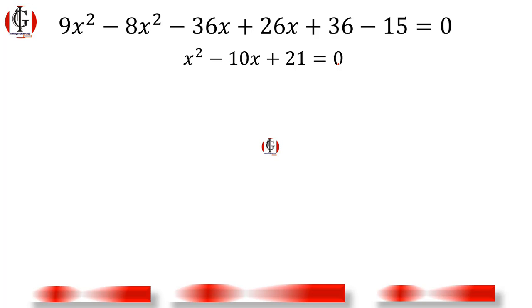Now, solving using the factorization method, we have a quadratic equation which is x squared minus 10x plus 21. So we want to solve this using a factorization method. If I multiply this x squared by 21, I'm going to have 21x squared.